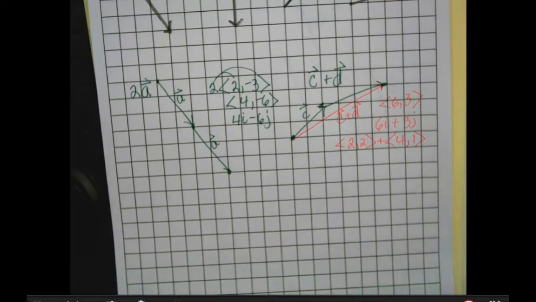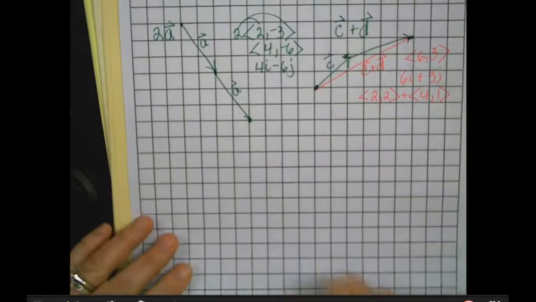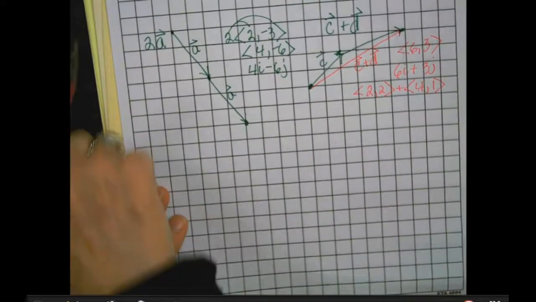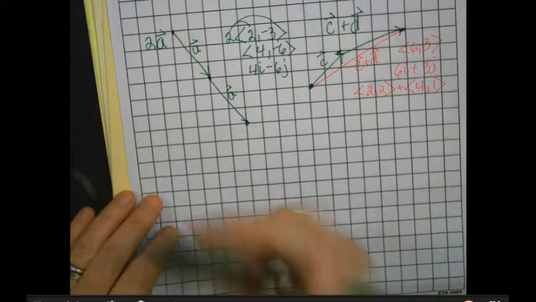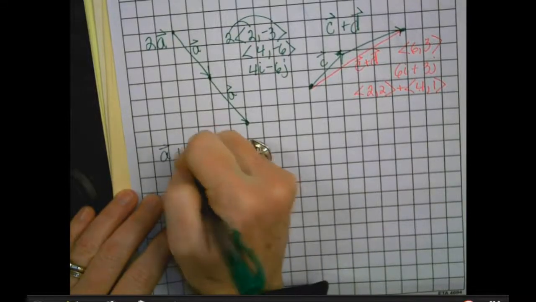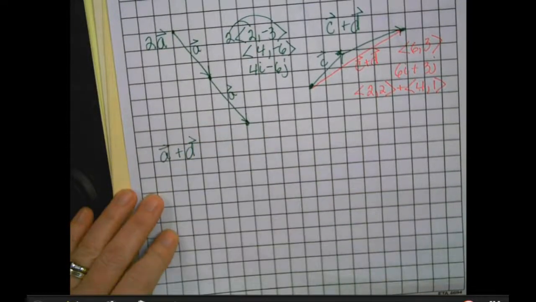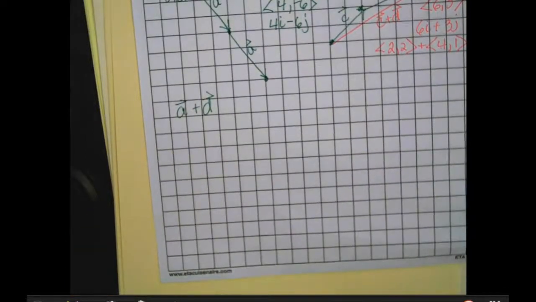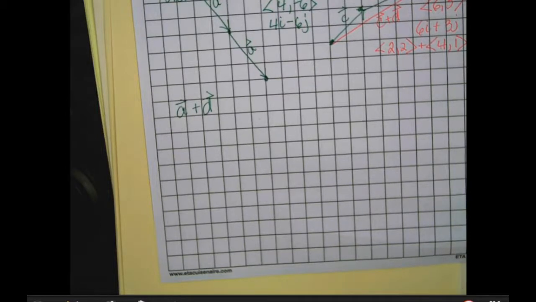Okay, so let's do one the parallelogram way. We'll do A plus D. Read on your notes. How do you do the parallelogram? Where do you start? You start with initial and initial.